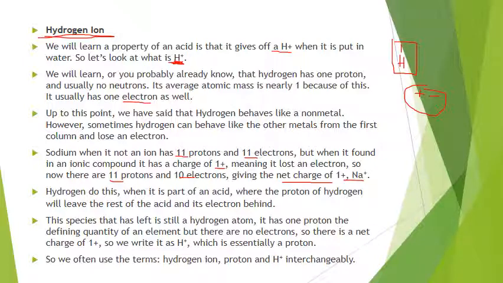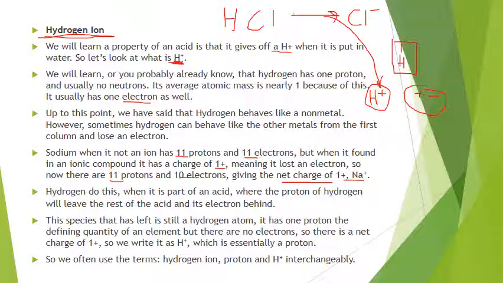So if you have hydrochloric acid and you put it in water, the hydrogen flies off, but just the proton flies off, and it leaves its electron attached to the chloride. Technically, we can write this as H plus, because this proton came from H plus.